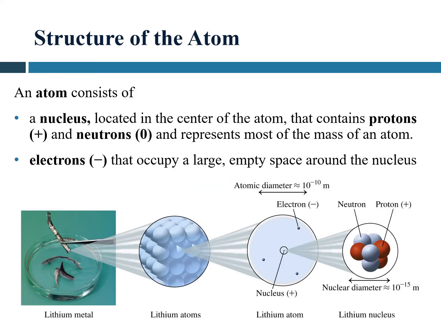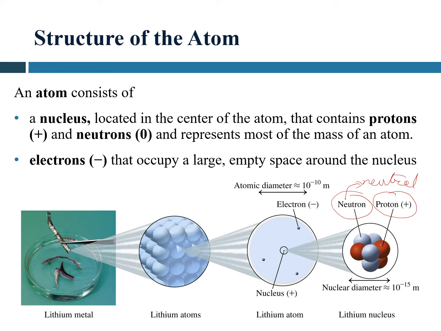So now, based on all these experiments, we can say that the actual structure of the atom looks something like this, where it consists of a very dense nucleus, which is positively charged. Why? Because it consists of positively charged protons and neutrons, which are neutral in charge, but heavy.